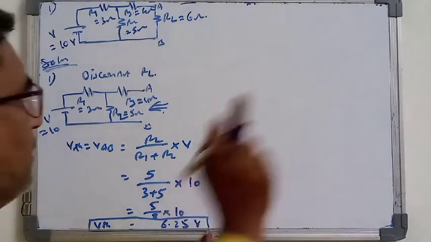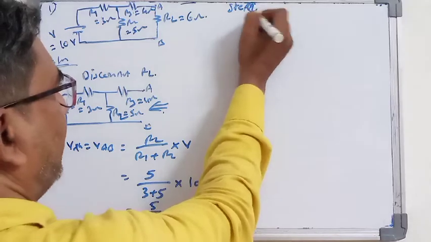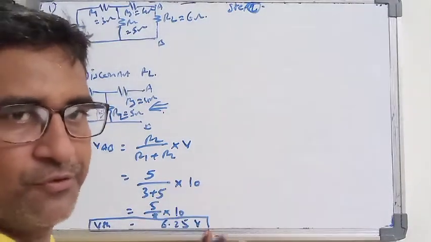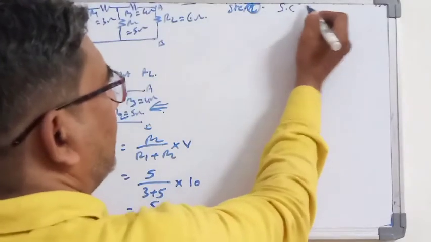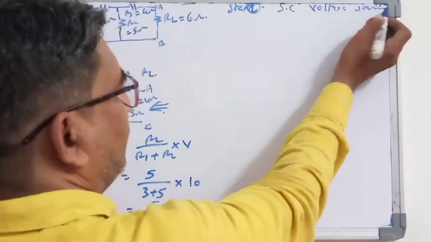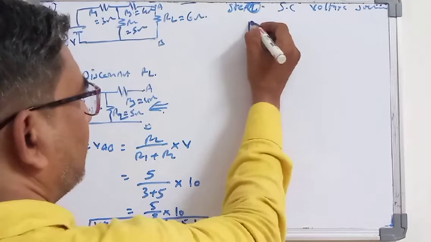Okay, students, the second step, step number 2, what you have to do? You have to short circuit the voltage source. After short circuiting, the circuit diagram will look like this.